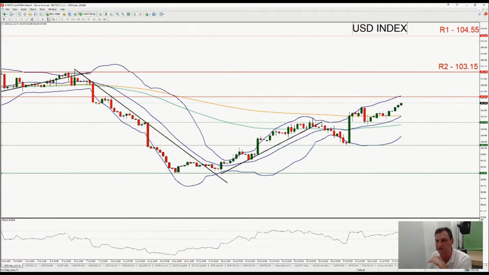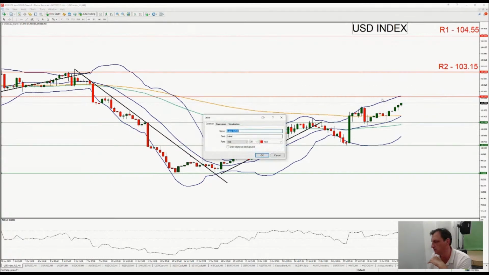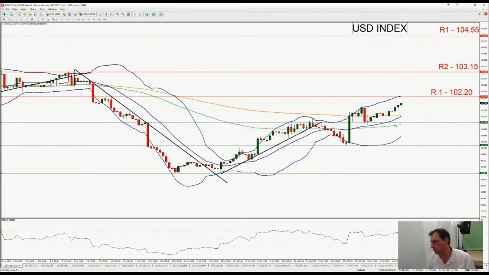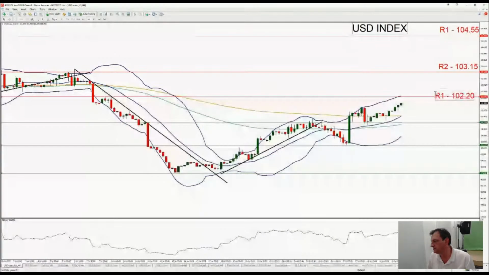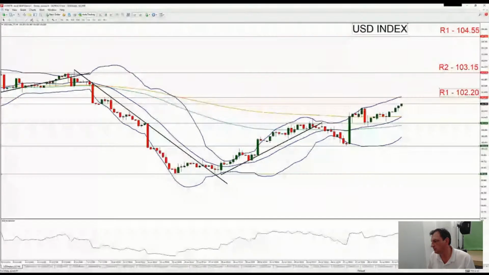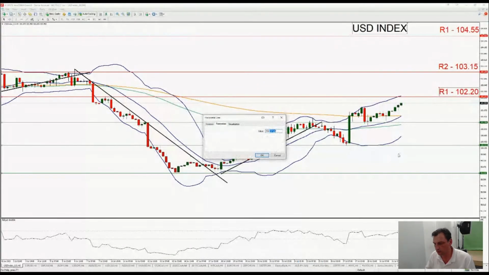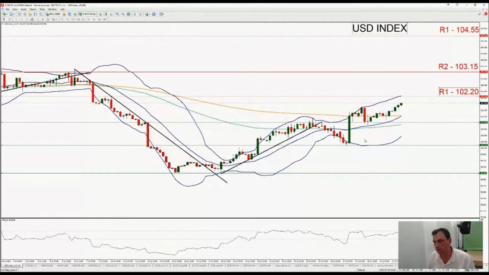Moving now to the first resistance line, the R1 at 102.20. Small spelling mistake. That's it. Still the touch here remains clear.